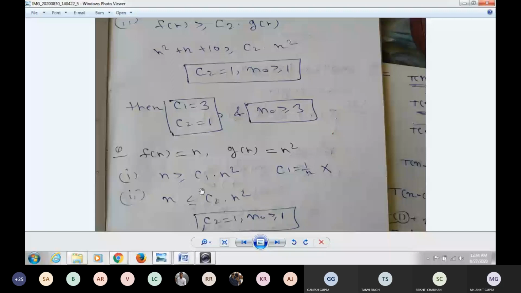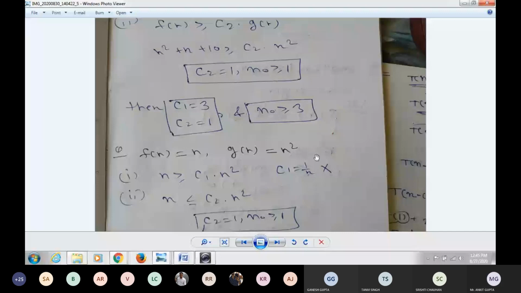It could only be true if I take C1 equal to 1 by n, but C1 must be a positive constant.